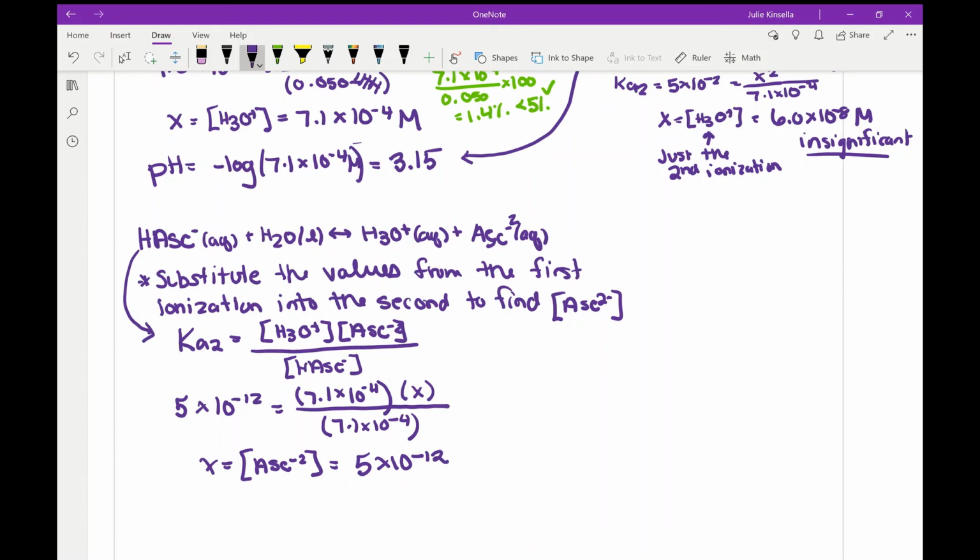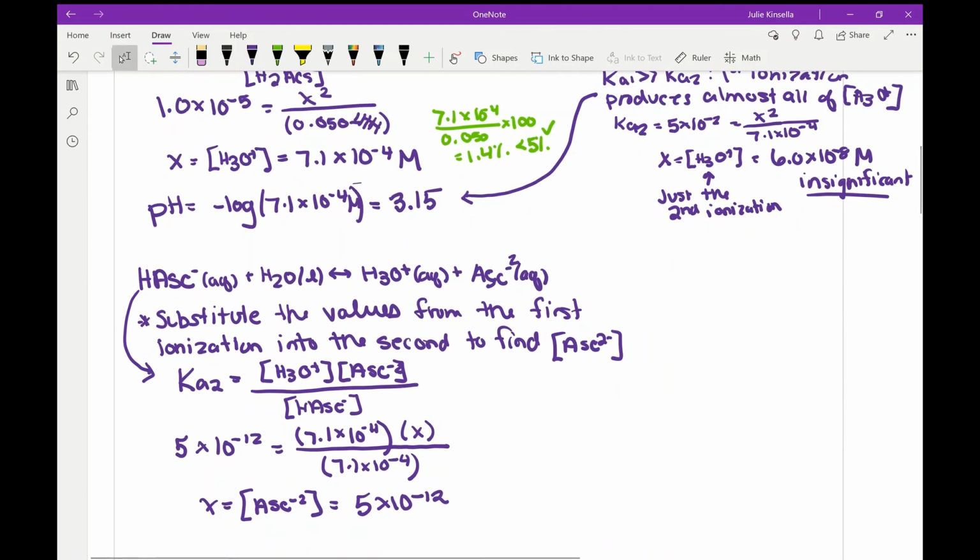So you can see here with the second step, I always have students that say, well, aren't these always going to be the same? At the moment, yes, but keep in mind if we have to do a third ionization, it's a little bit tricky. So I always say make sure you always set this up for yourself so you get in the habit of understanding where all the values are coming from. So just to summarize, it asked us for the concentration of HASC ion, which was the anion after the first ionization that remained.